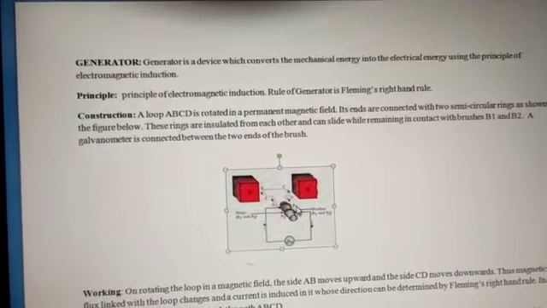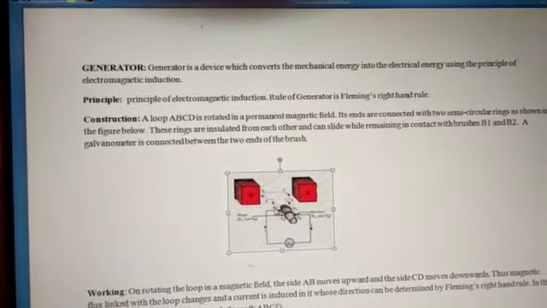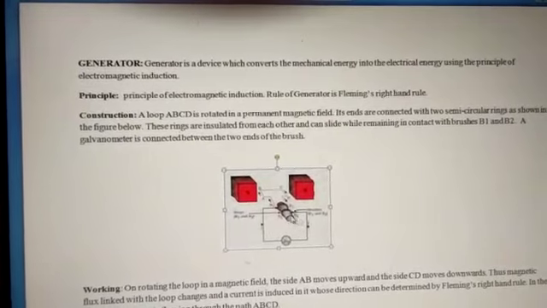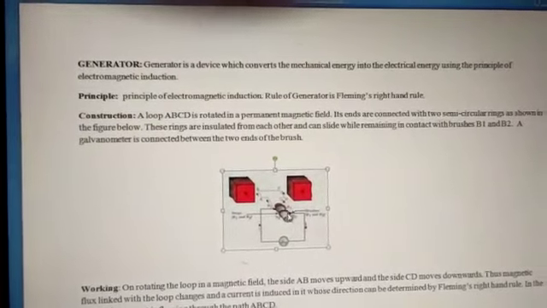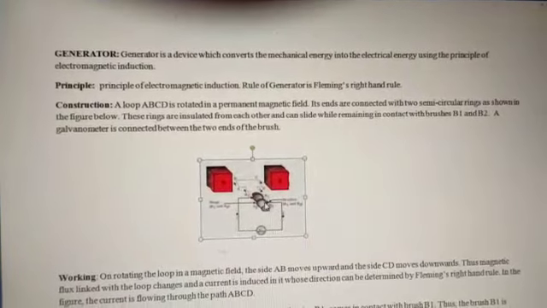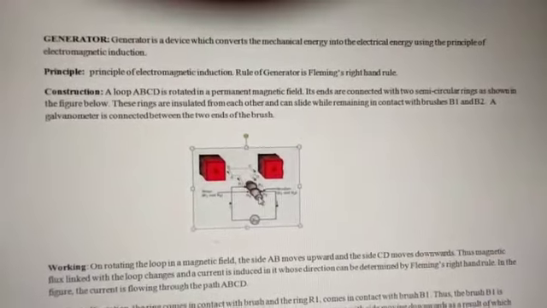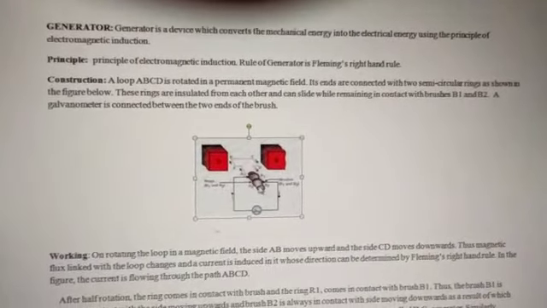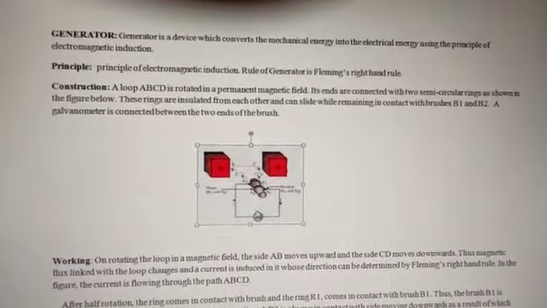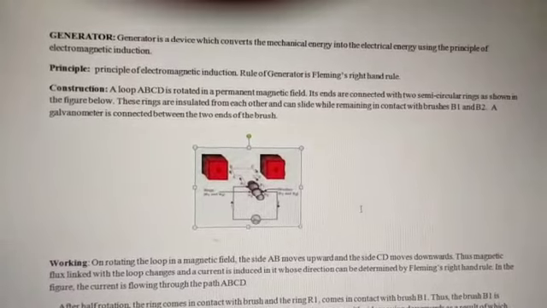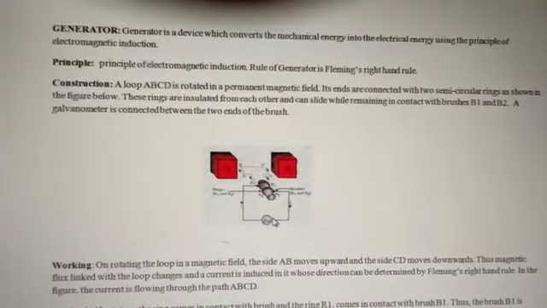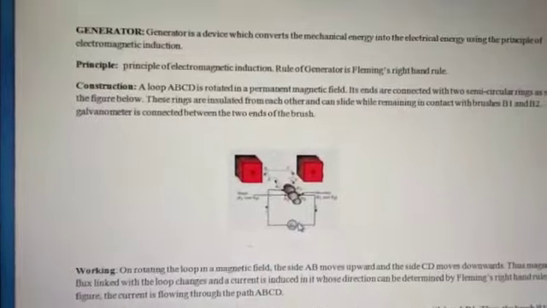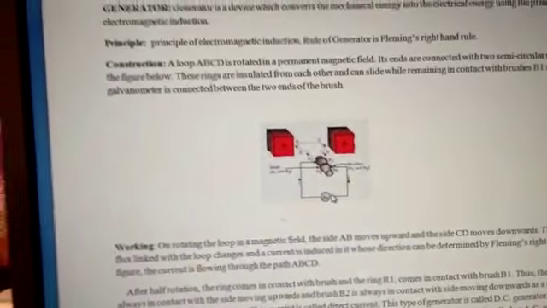B1 and B2 are the two brushes. Usually we use carbon brushes for this, copper or carbon brushes. This is the construction, and here it is connected to the galvanometer. You know the galvanometer is an instrument which is used to find a small current.